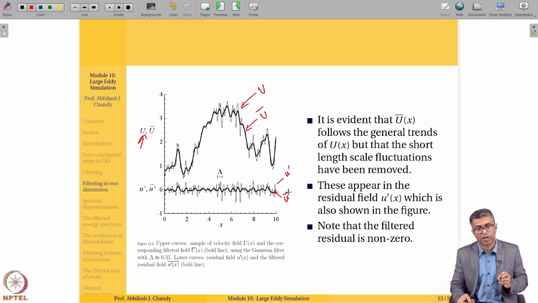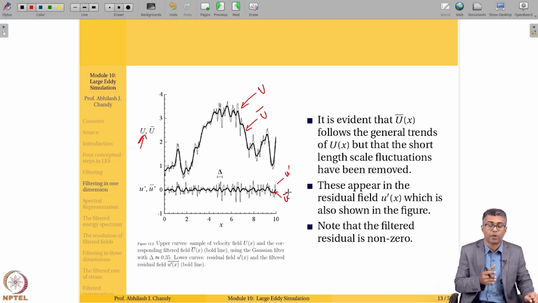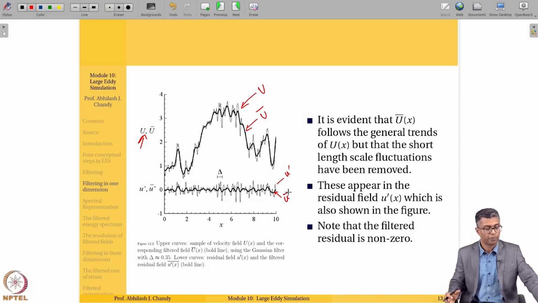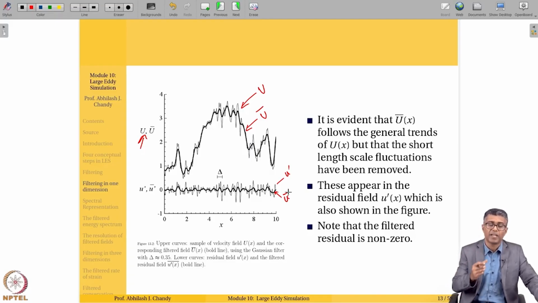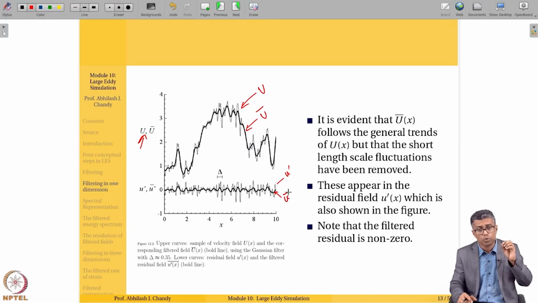And when you filter it, you will see this thick solid line is relatively smoother. That's the idea. You have made it go through a low pass filter, so all the high frequency components have been removed, and what you have is a smoother velocity field.